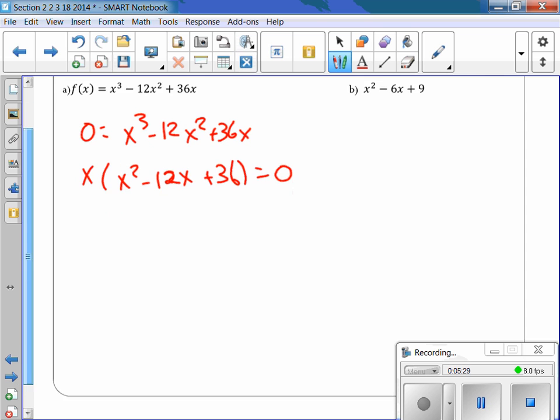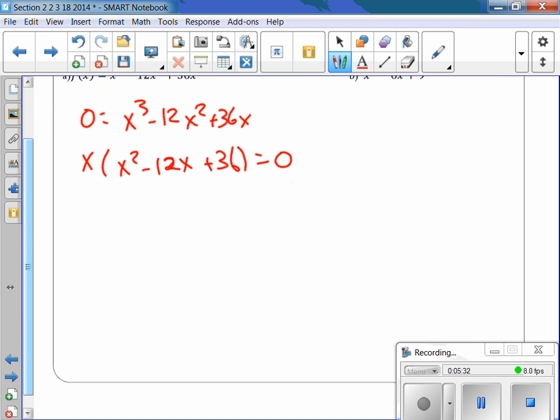And then we have a difficult factoring one here. If you have to use the crisscross method, go ahead. But hopefully when you look at this one, you can see it. So x times the quantity x minus 6 times the quantity x minus 6.